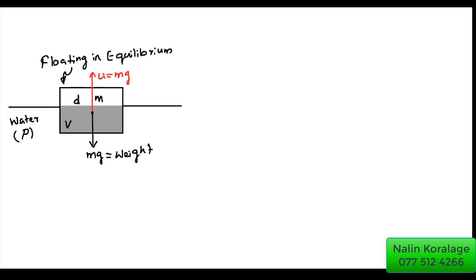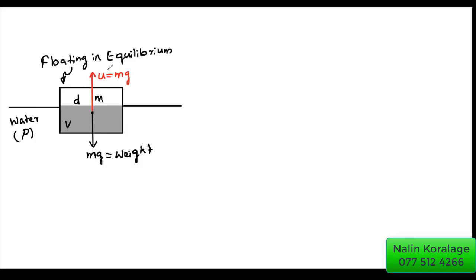So U is a vertical force and should act vertically upwards. And U is planning to cancel that mg, so definitely U should have the magnitude of mg. For example, let's say mg is 10 newtons. U should also be 10 newtons.